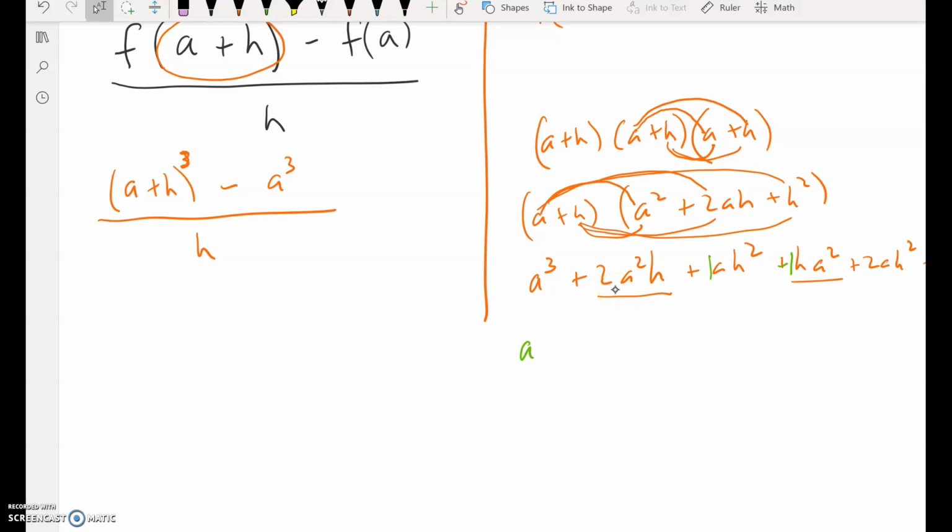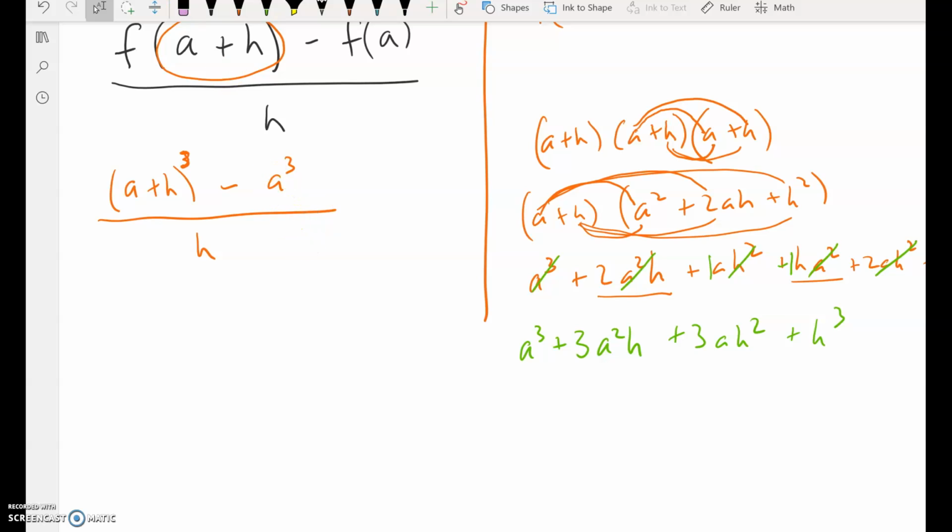So now I'm going to have a cubed plus 3a squared h. I took care of the a cubed and the a squared h's. I've got 1ah squared and 2ah squared, which is 3ah squared, and then plus h cubed. So that's what a plus h cubed equals.